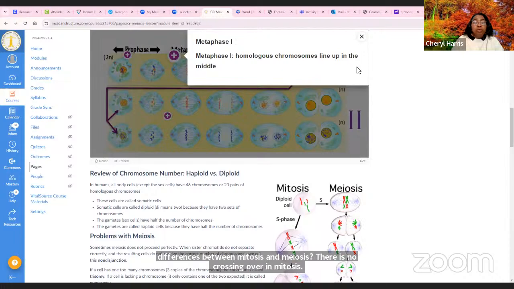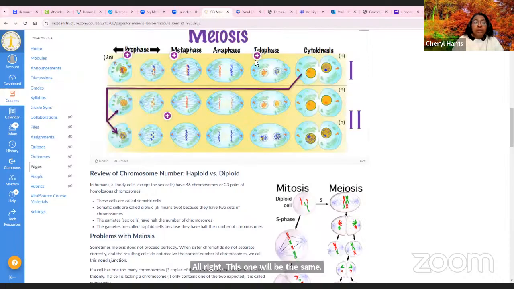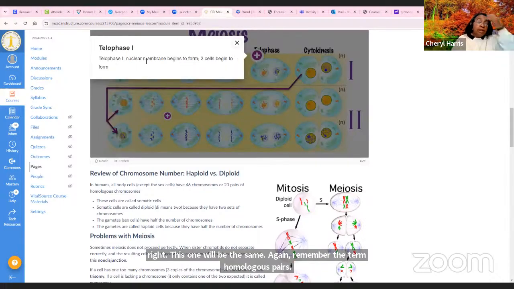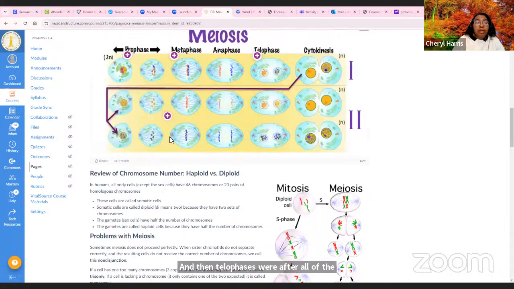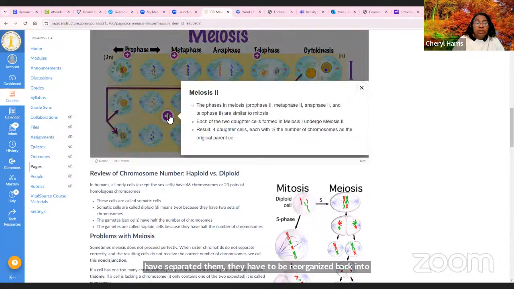All right. This one will be the same. Again, remember the term homologous pairs. And then telophase is where after all of the chromosomes have separated, they have to be reorganized back into the nucleus. All right.